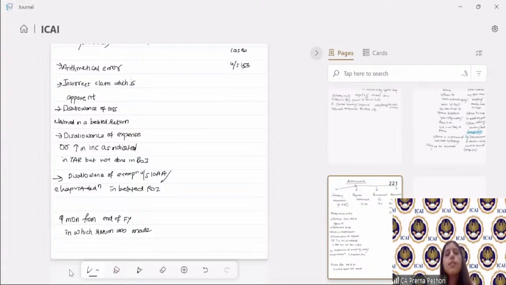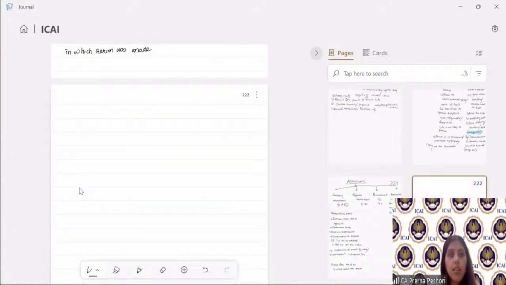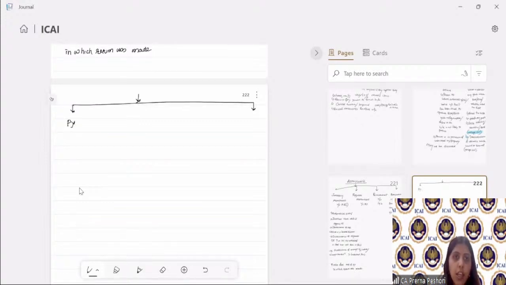So say, for example, we have the previous year 21-22, which is April 21 to March 22.